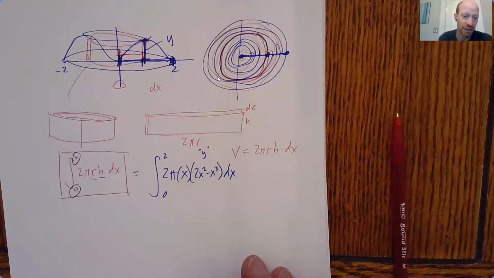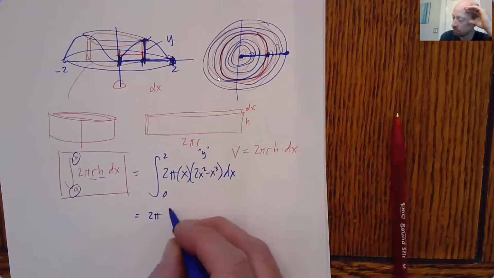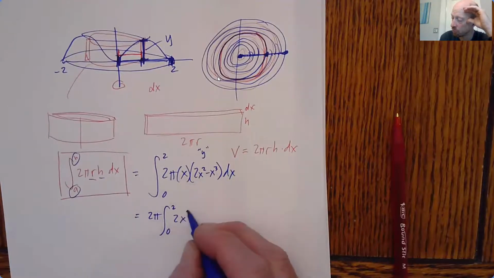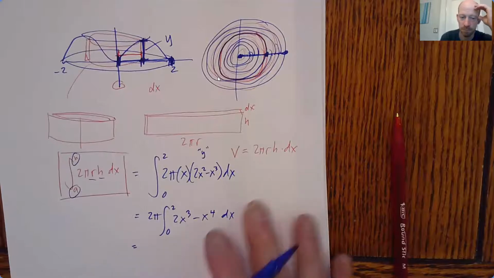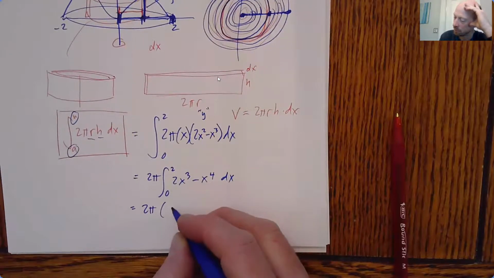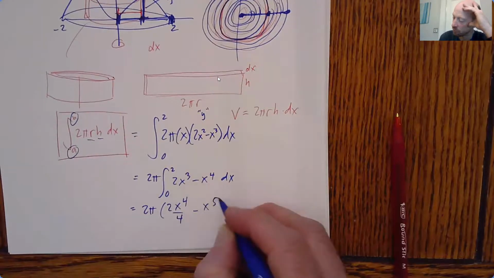And it turns out that once we have this set up, this is not a particularly difficult integral. Pull out the 2 pi, I get 2x cubed minus x to the 4th. That's going to be x to the 4th over 4 times 2 minus x to the 5th over 5.